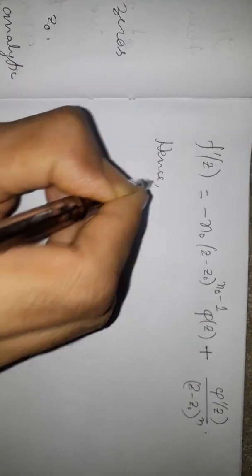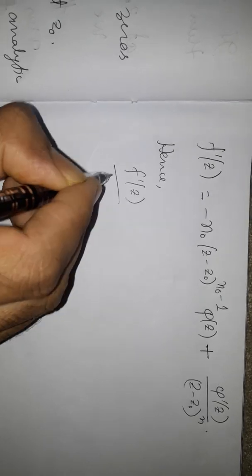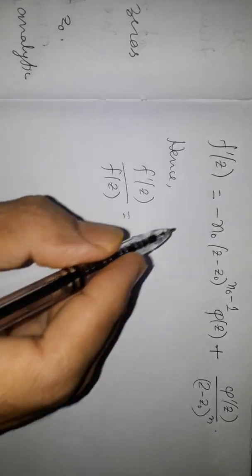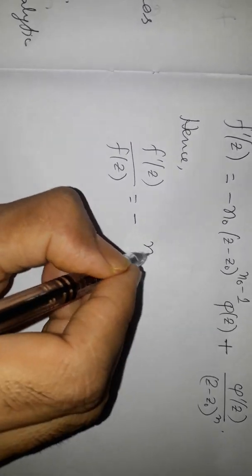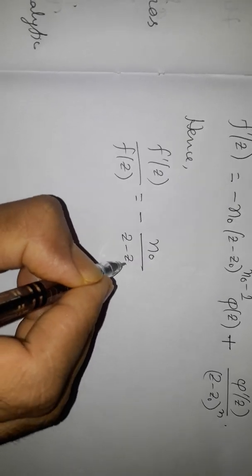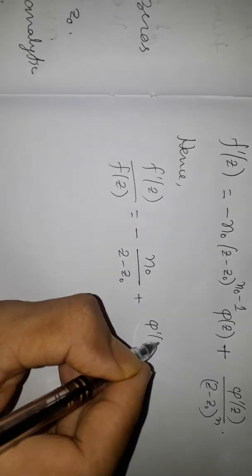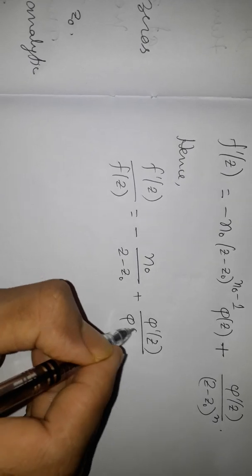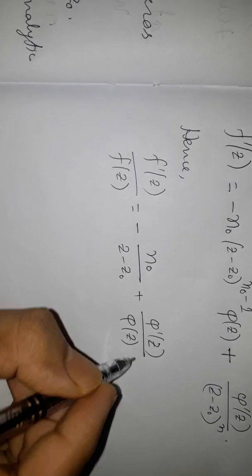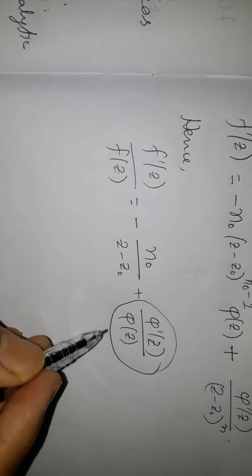Hence again we see that f prime z by f z is minus n naught by z minus z naught plus phi prime z by phi z, where this function is analytic at z naught.